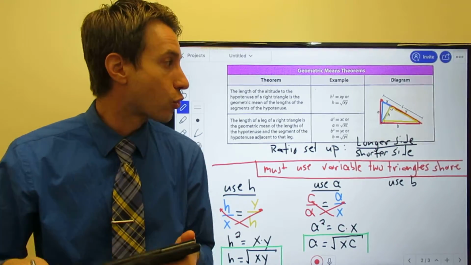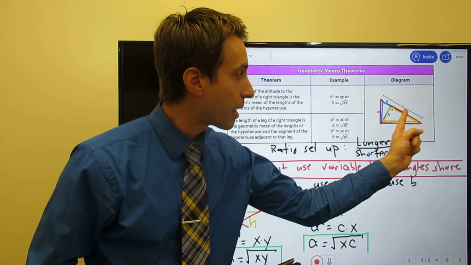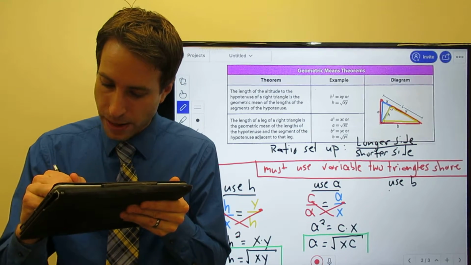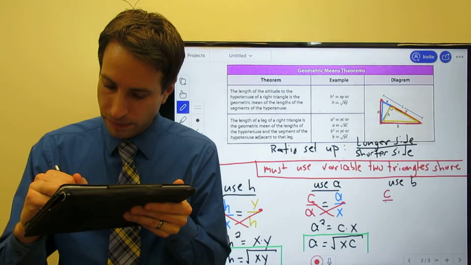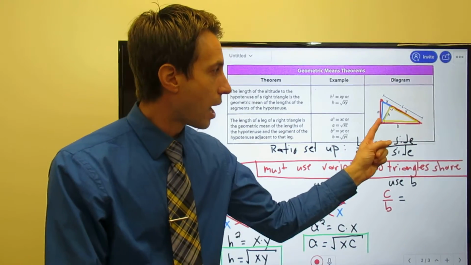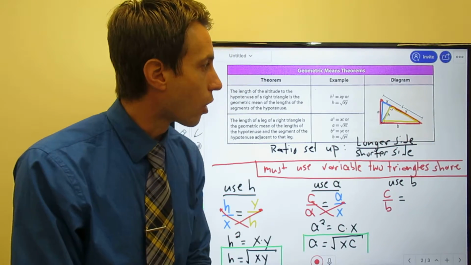So for the red triangle, is B the longer or shorter side compared to C? Well, C is the longer side, so C goes on top. B goes on the bottom, equal to, now for my yellow triangle, I have side B and side Y. Well, which is the longer side?